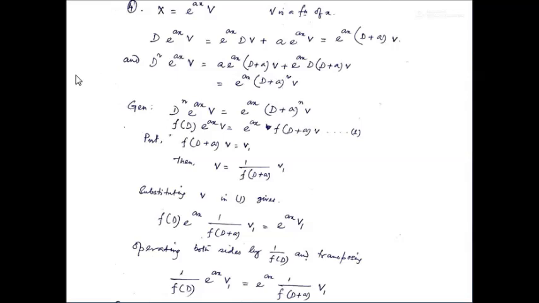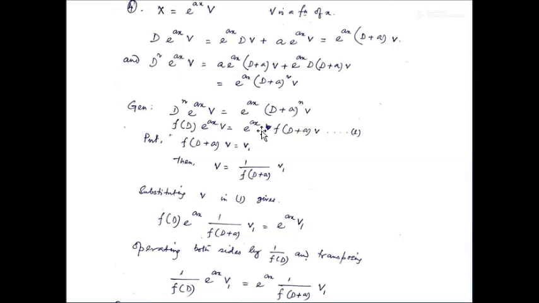So a corollary can be derived from this fact, that D to the power n of e to the power ax into v will be e to the power ax (D plus a) to the power n into v. So f(D) into e to the power ax into v, in this form, just replace this D with D plus a.